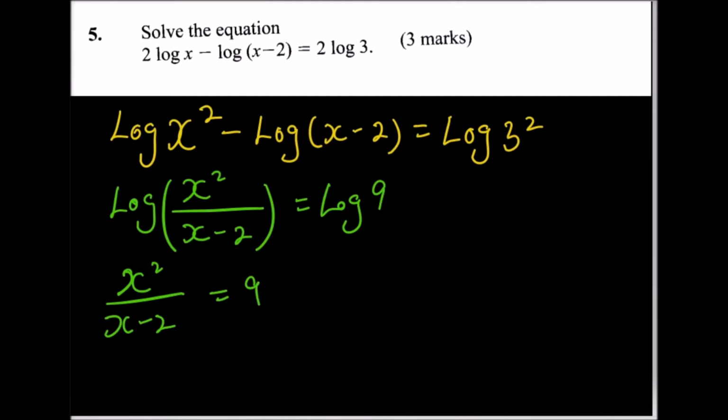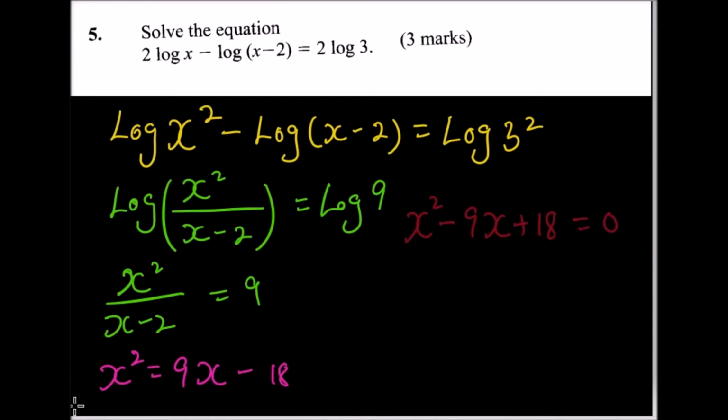You cross multiply and you'll be able to get x squared is equal to 9x minus 18. So we can now rewrite our expression. We write x squared minus 9x plus 18, you bring 9x and minus 18 to the left hand side, is equal to 0.